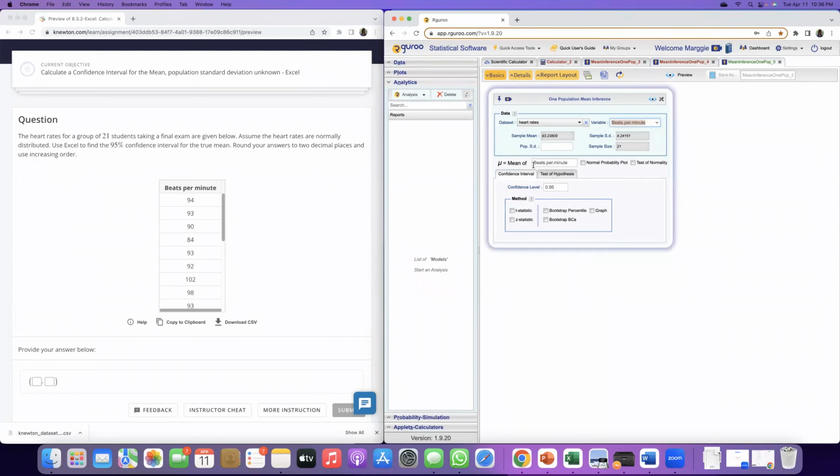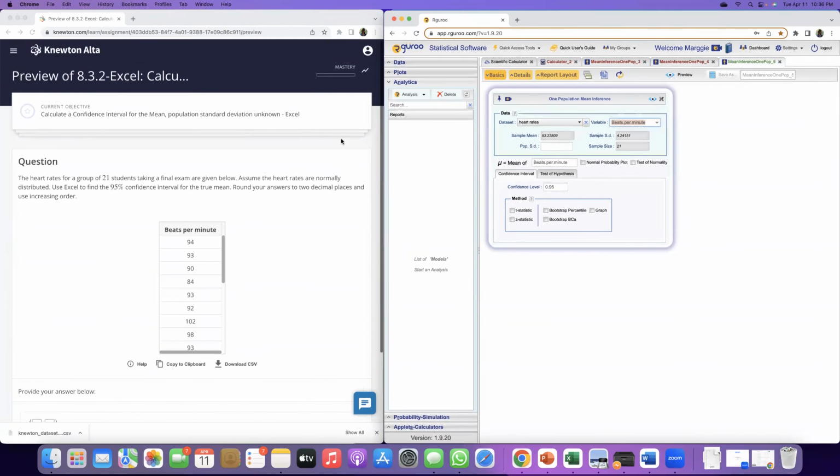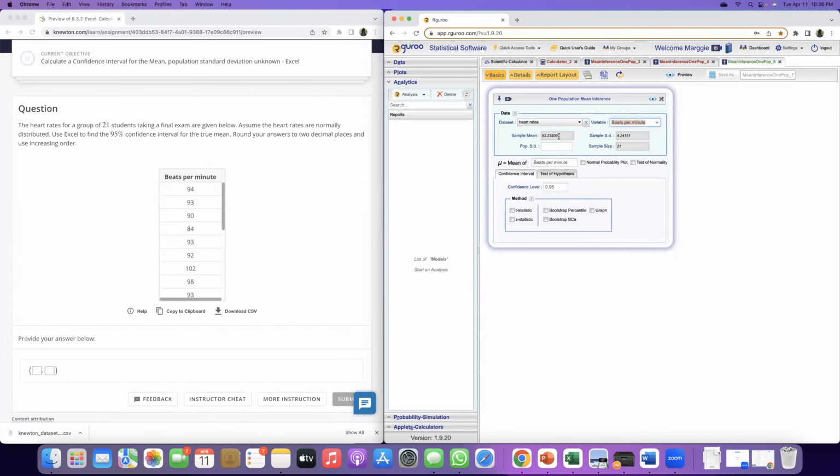When you choose the variable, it automatically puts the label in here. Same as the previous video that I showed for when the standard deviation is known. RGuroo calculates the sample mean, the standard deviation, and the sample size for you. This is asking us for a 95% confidence interval, so this is good.